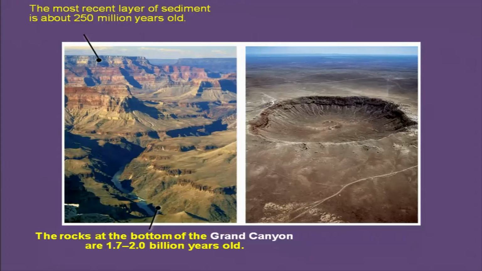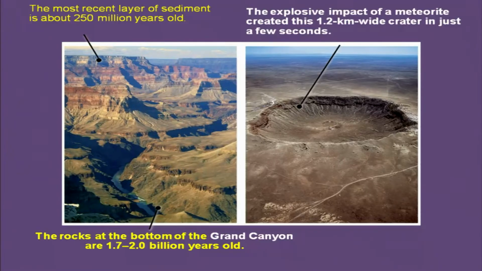So, the top is 250 million and the bottom is around 2.0 billion years old. So, you can understand that the incision process took so much time to produce this fascinating landscape.